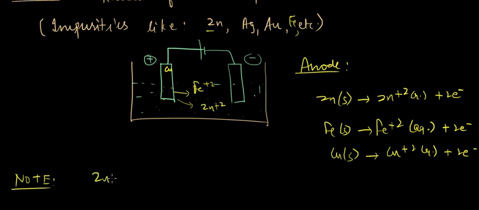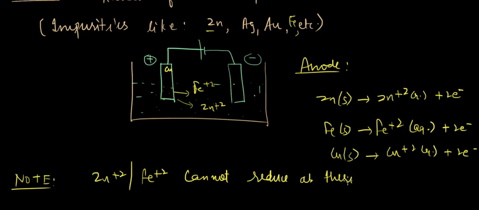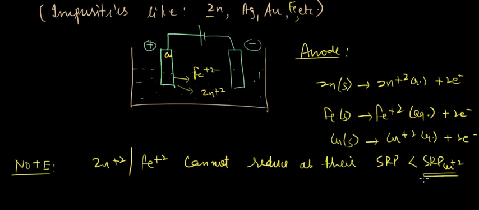So Zn2+ and Fe2+ cannot reduce as their standard reduction potential is lower than the standard reduction potential of Cu2+. Hence only Cu2+ would be getting deposited on the cathode, by converting from Cu2+ to Cu(s).